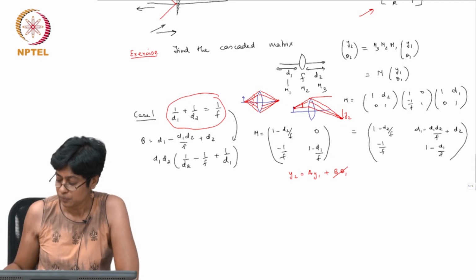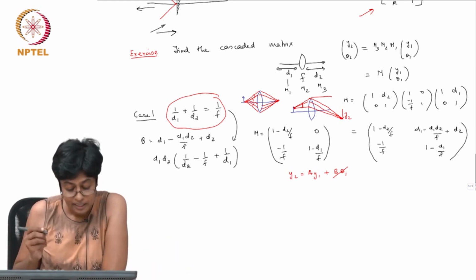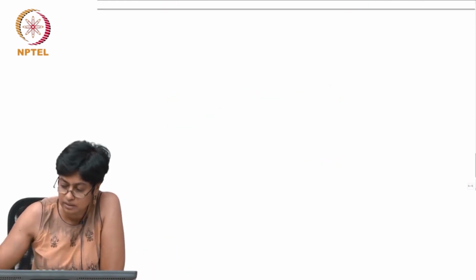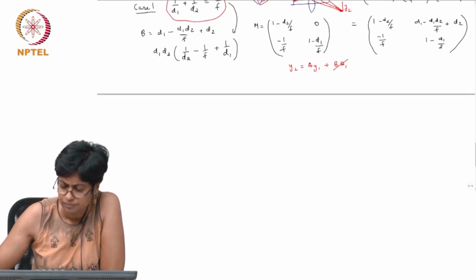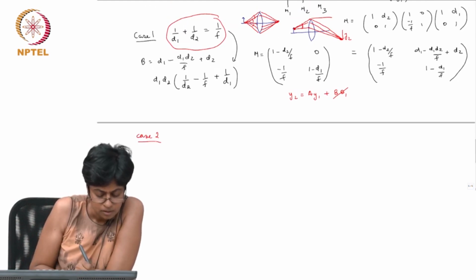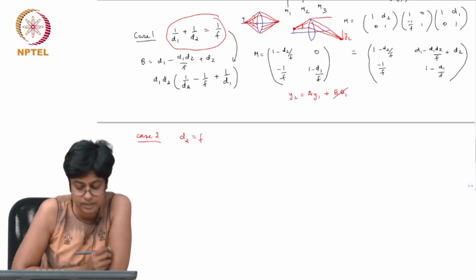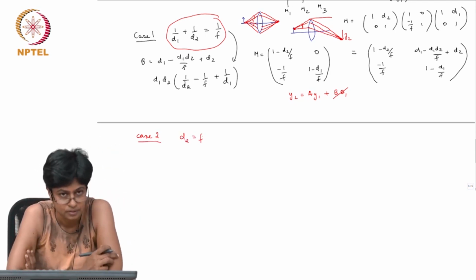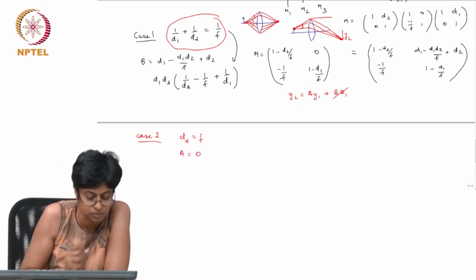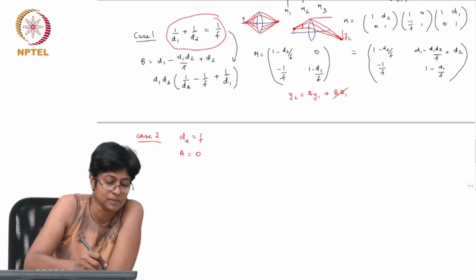We can look at one more thing before we end the class. Let's take the case where D2 is F. I am not considering the first case anymore. That will make coefficient A go to 0, right? Now, what does that mean?